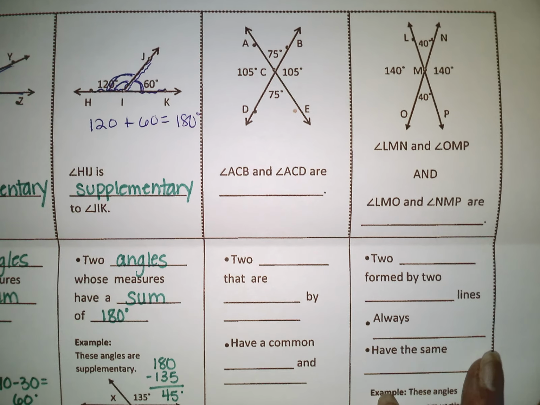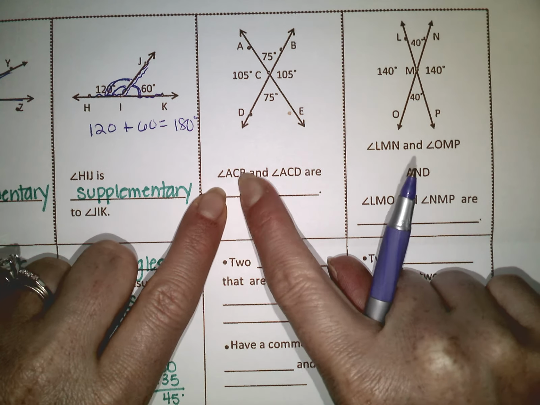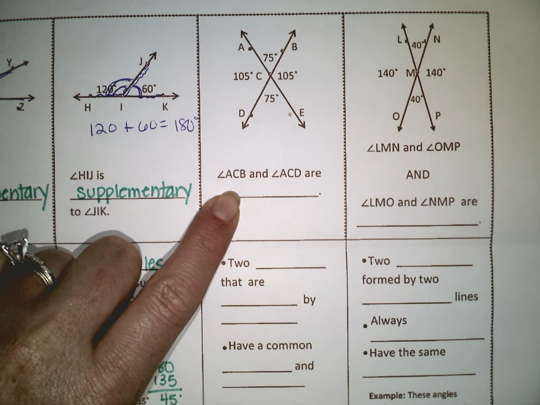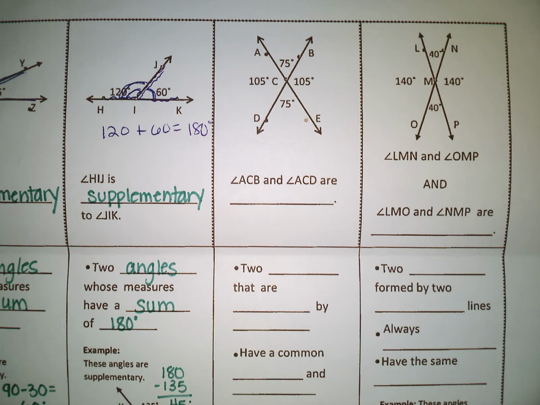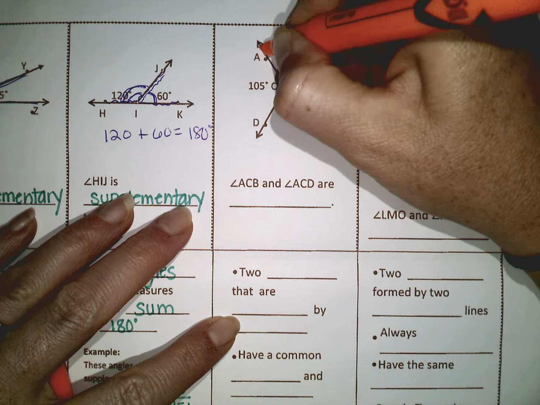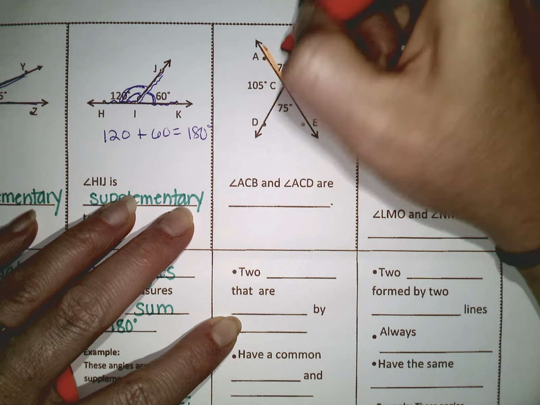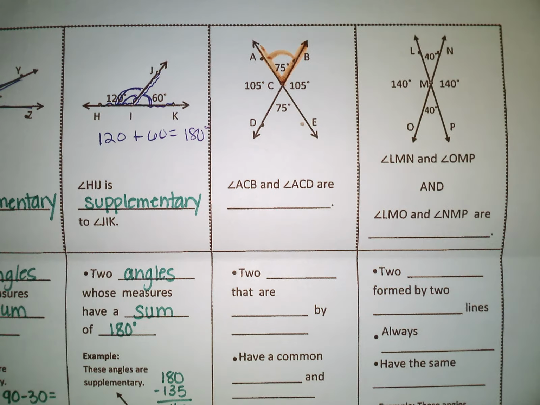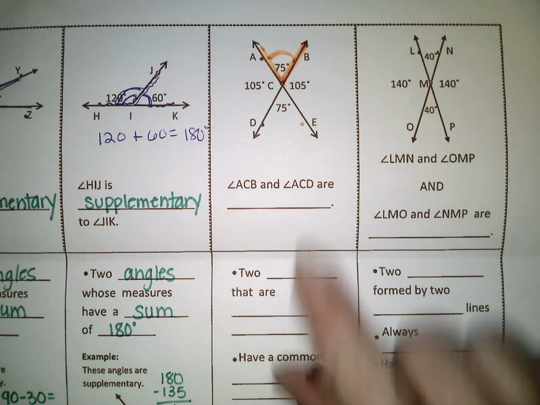Now we're going to get into two different types of angles. So angle ACB. Look at where ACB is, and I'm going to outline it with highlighter here. ACB is right here. That is 75 degrees.